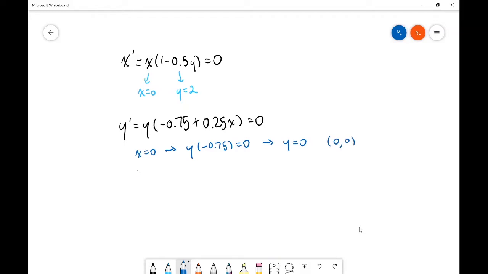Now when y equals 2, we see that 2 times negative 0.75 plus 0.25x is equal to 0, which means that x would be equal to 3. So our second equilibrium point would be (3, 2).